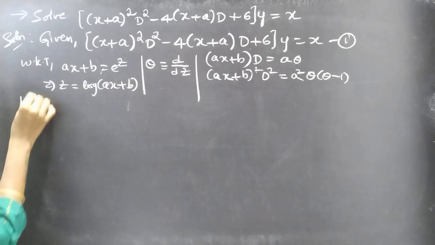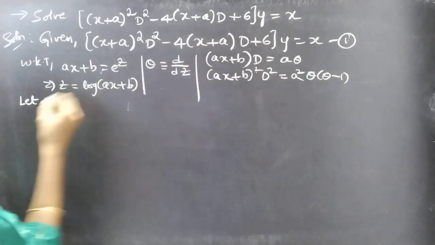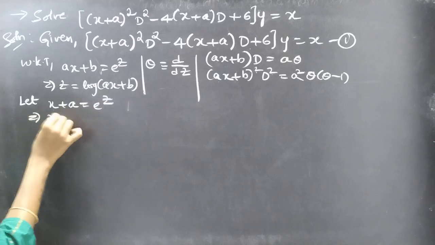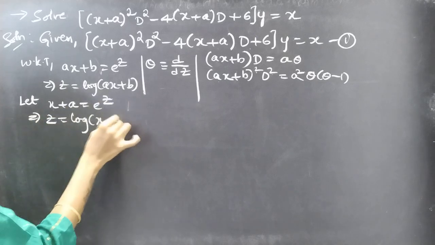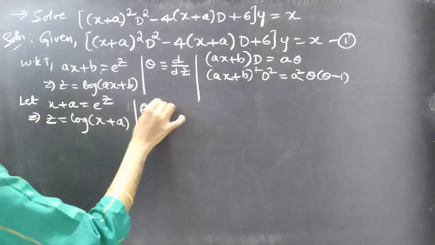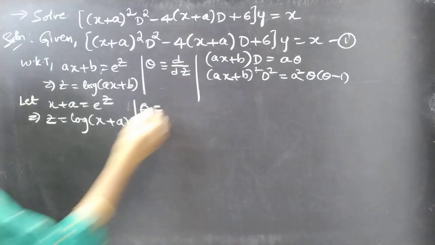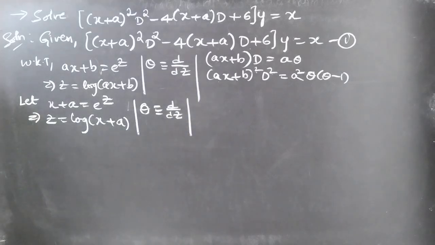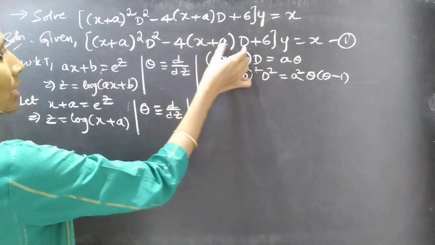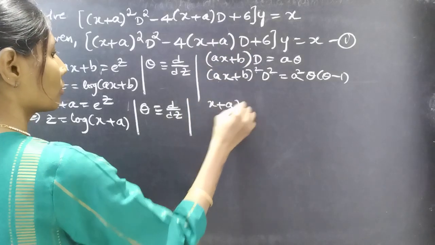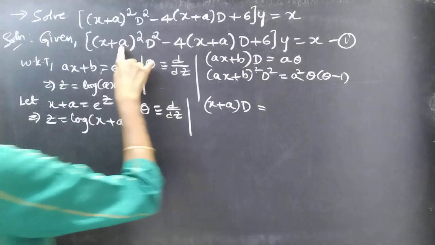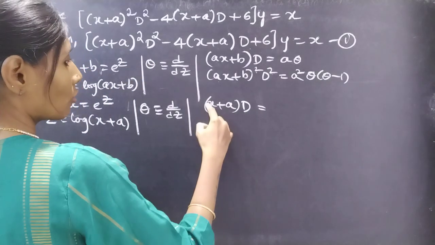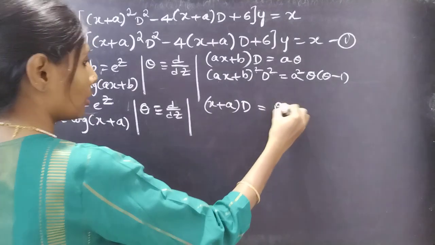Now coming to our problem, let x + a = e^z, then z = log(x + a). Here we'll use the differential operator θ, whose independent variable is z, and here (x + a) D can be replaced by, see here a is a constant, and we can replace it by the coefficient of x is 1, so 1 into θ is θ.